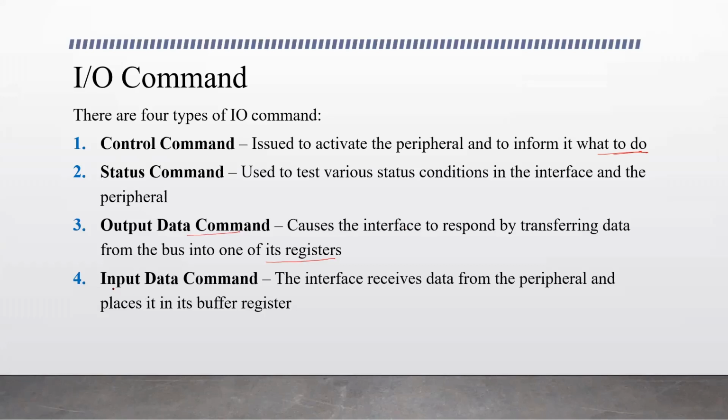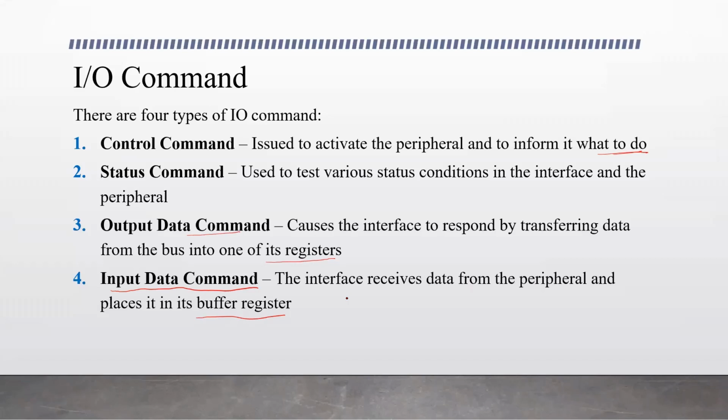And input data command. If the command given by the CPU is input data command, that means there is some input data that needs to be taken into the internal components. So the interface receives data from the peripheral and places it in its buffer register. Why does the interface not place the data directly onto the bus?